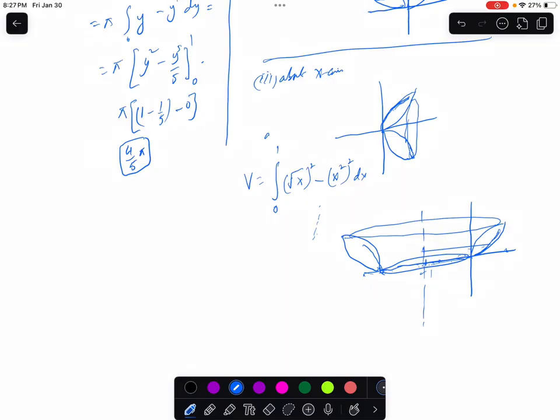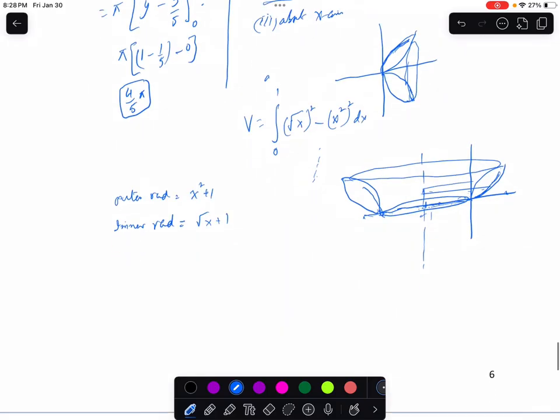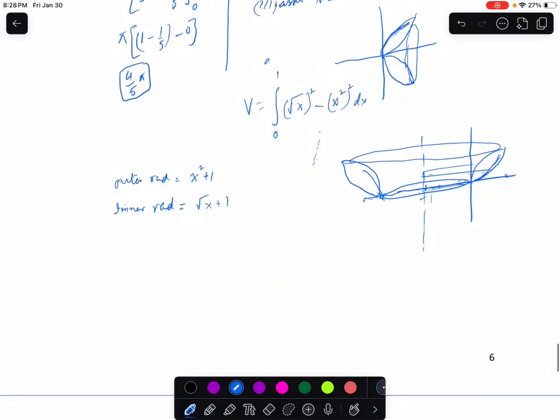So outer radius is equal to x square plus 1. Inner radius, this will be this much, so it will be square root of x plus 1. But the rest is the same.